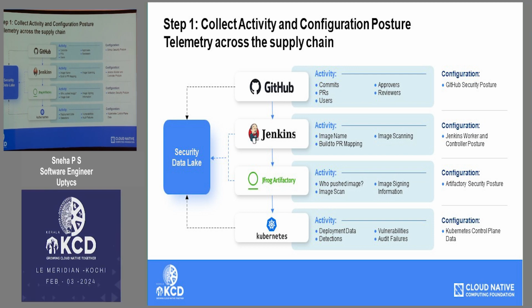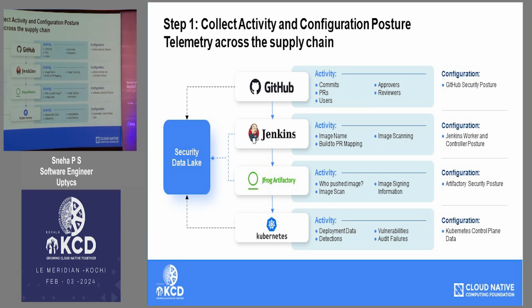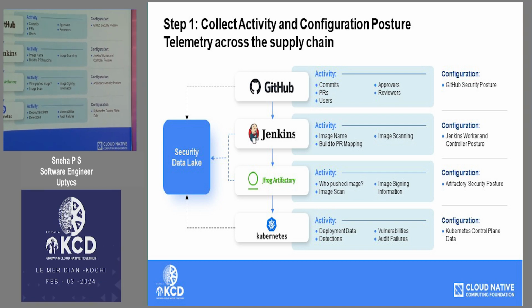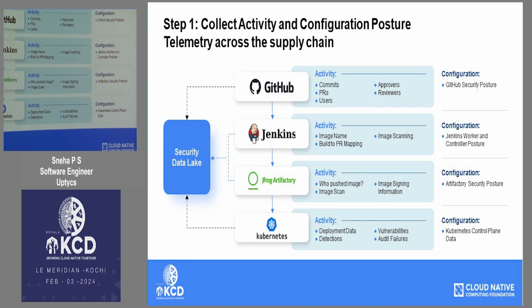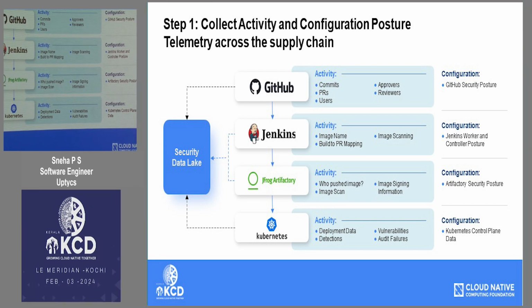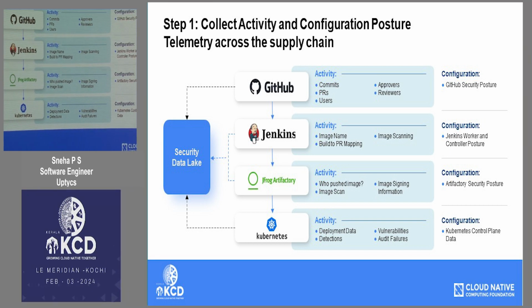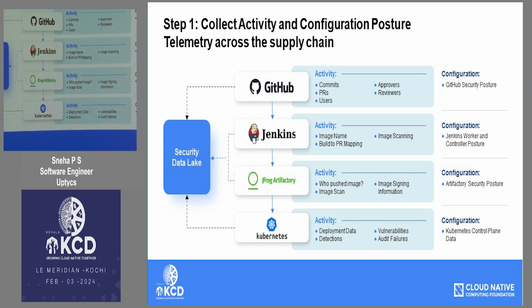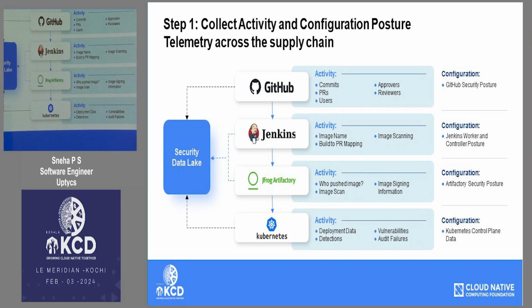One would be the specific configurations associated with each of these components, like GitHub and Jenkins, and also the activity: the input, the output, what is happening in between, who is the person pushing certain code into the repo, and when did it come. All these are quite essential telemetry that we always need.